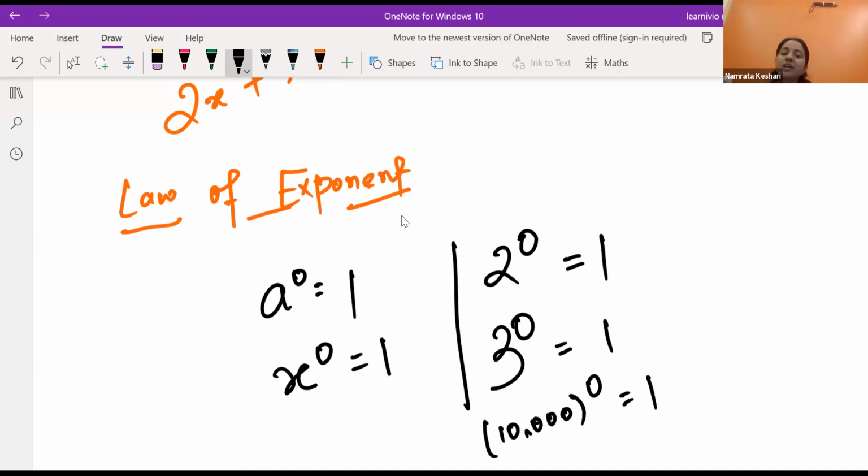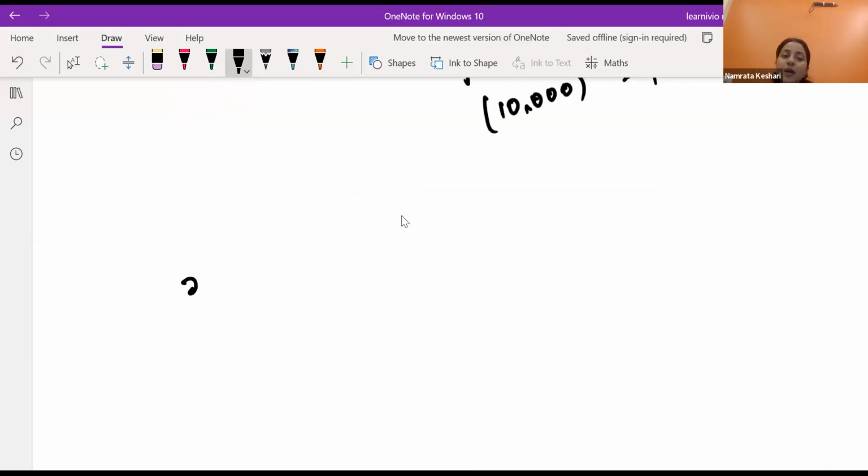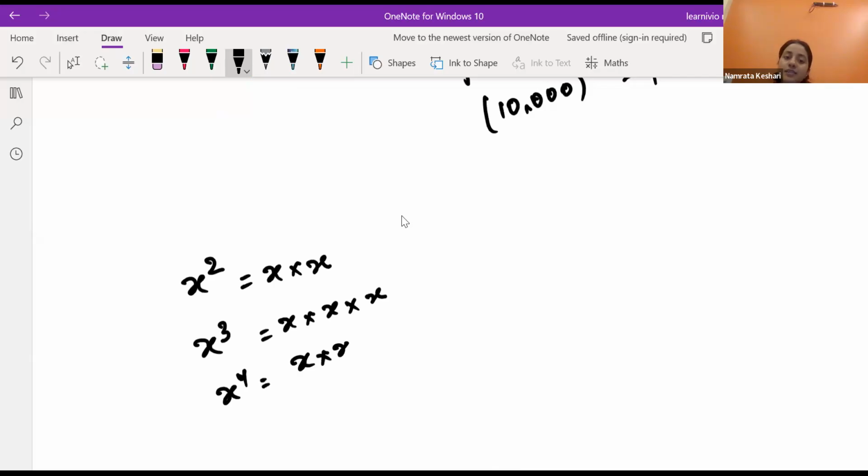Basically, if we have x square, that means x into x. If we have x cube, that means x into x into x. If we have x to the power 4, that means x into x into x into x. If we have x to the power 1, that means just x.